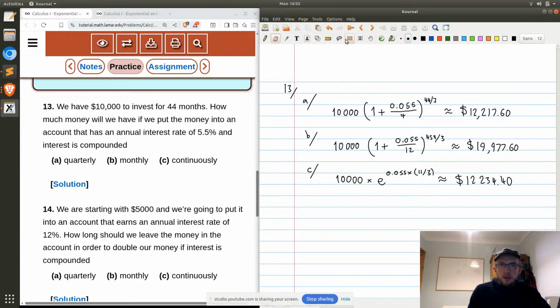Now 11/3 is not multiplied by 44. 11 rather is multiplied by 12, like that.